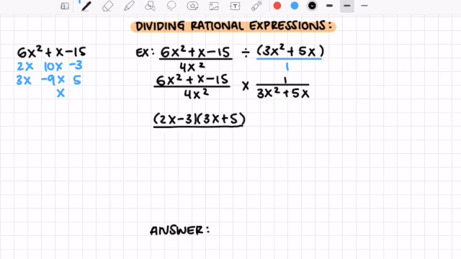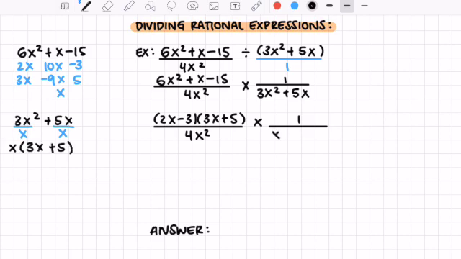On the bottom, we still have our 4x squared. And on top is 1, and we have 3x squared plus 5x. I could factor x out of both of them, from both of them. You get x times 3x plus 5. Cool.